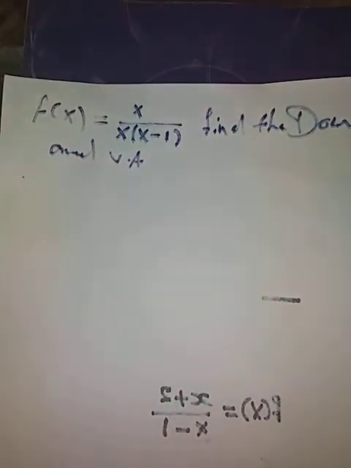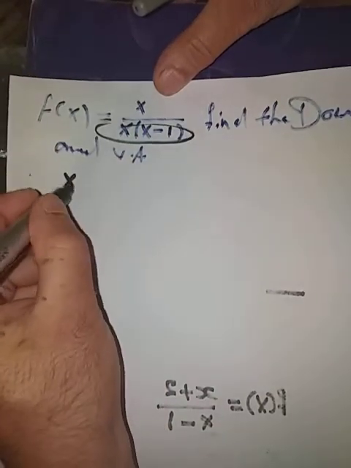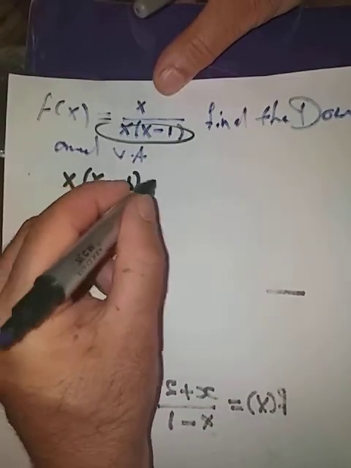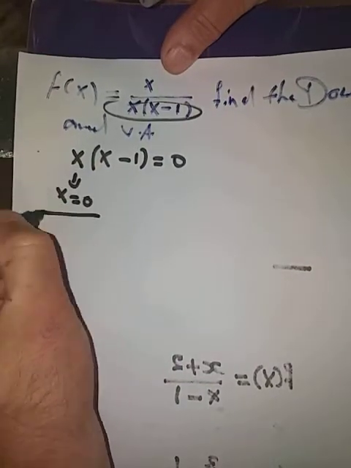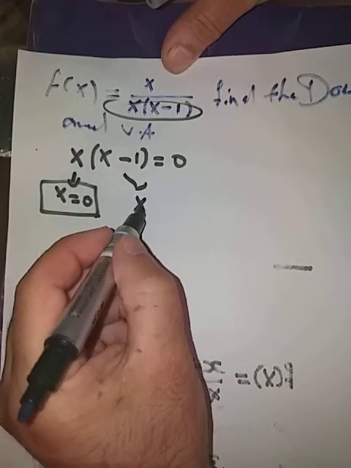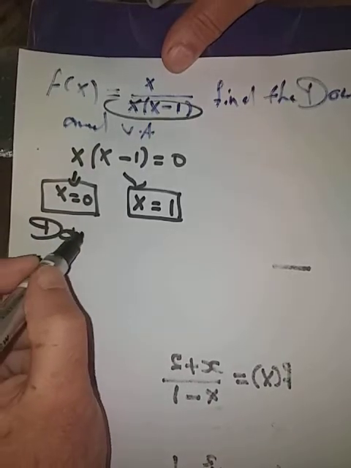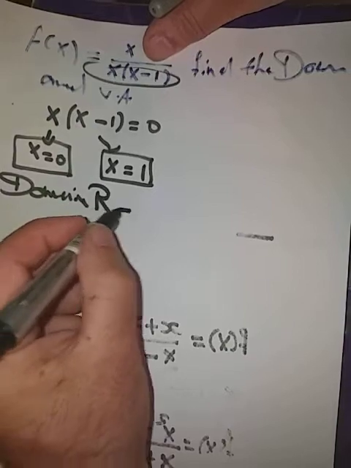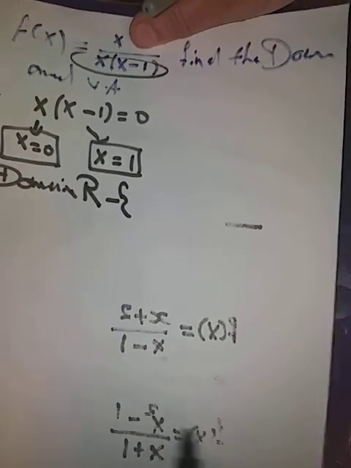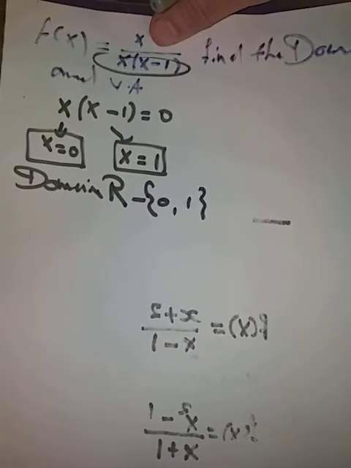The domain: we take x equalized to 0, so x is equal to 0, and x minus 1 equalized to 0, so x equal to 1. What's the domain? All real numbers except 0 and 1. Okay.